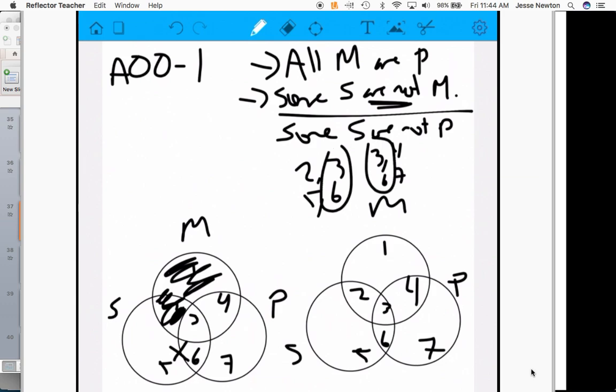So some are not in 3 and 6, which means they are where? 2 and 5. And in order for an argument to be valid, it has to definitively place an X in either region 2 or region 5. Does it do that over here? No, it does not. And because it does not, this argument is invalid.